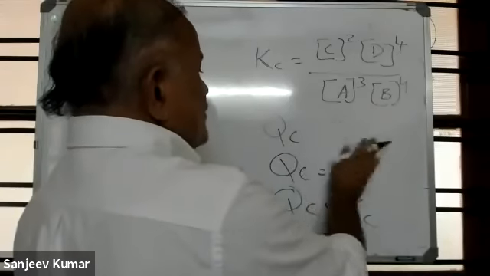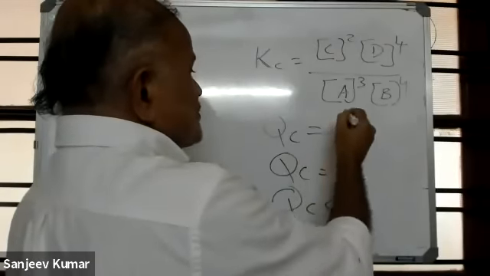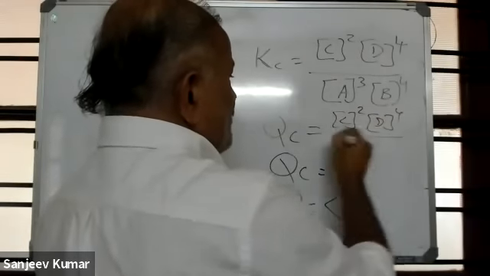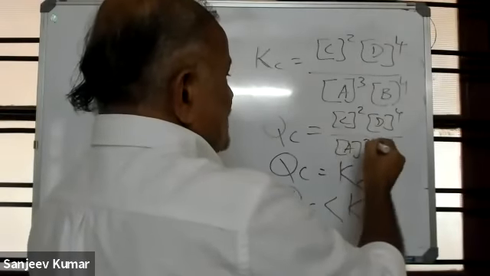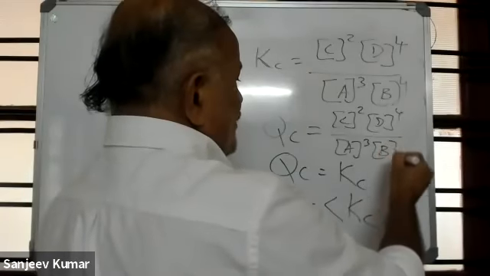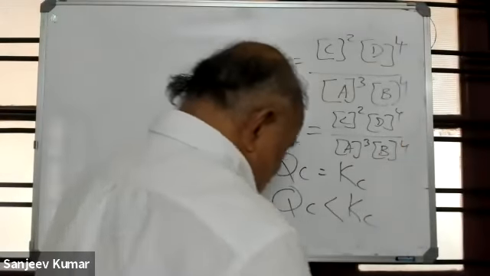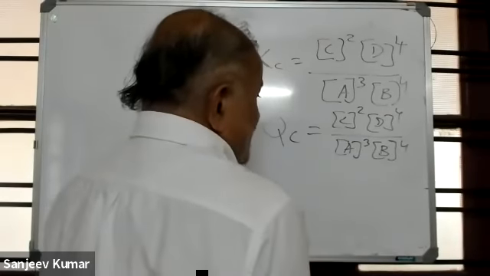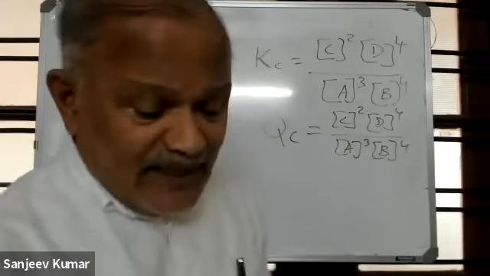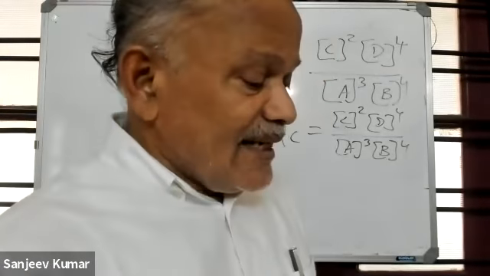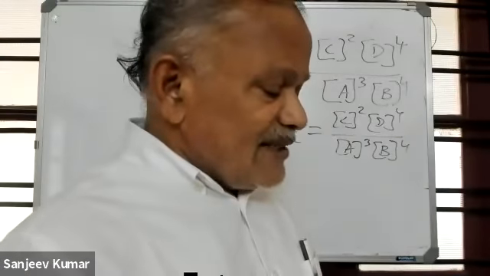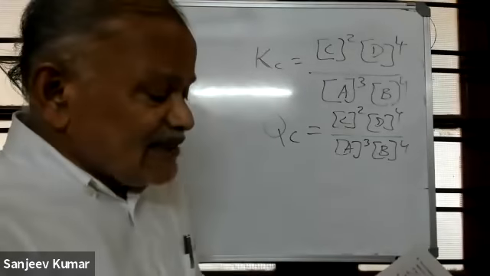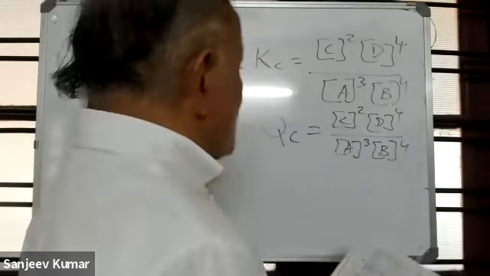Qc is equal to active mass of C raised to 2 into active mass of D raised to 4 by active mass of A raised to 3 into active mass of B raised to 4, where A, B, C, and D are the active masses we have taken initially. And the values are active mass of A is equal to 2, B is equal to 1, C is equal to 3, and D is equal to 5.